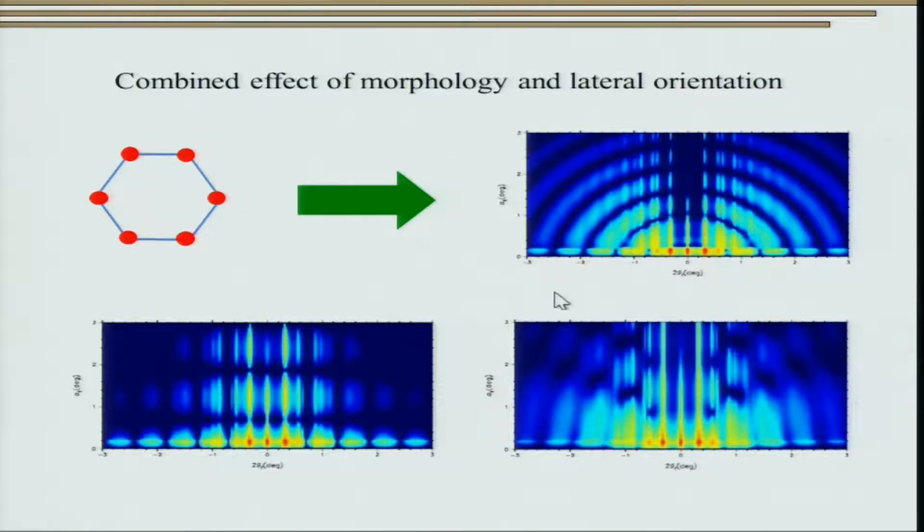So, for the last two scattering patterns, we are having a hexagonal arrangement of particles. However, for the first case, we are having a half sphere sitting at all the corners of the hexagon, while for the second case, shown over here, we have a prism sitting at all the corners of the hexagon.